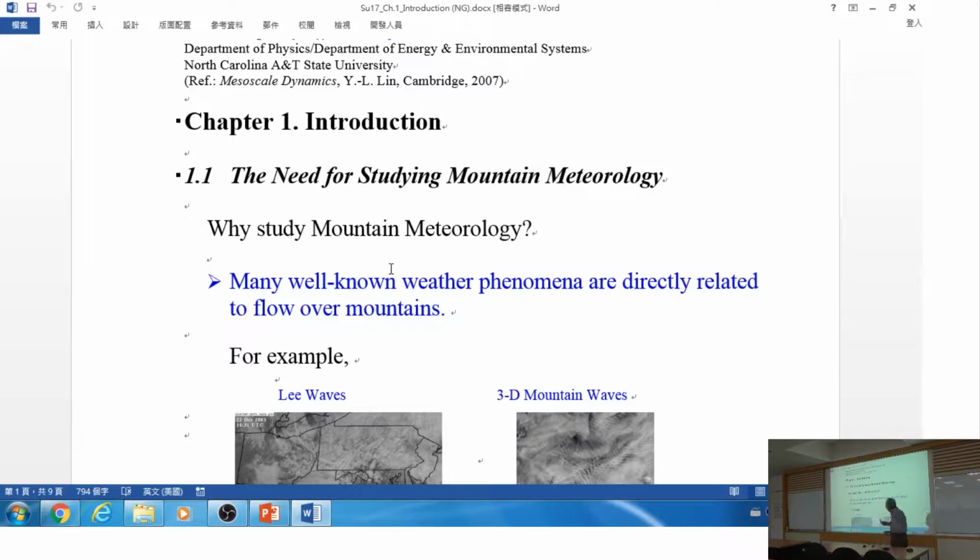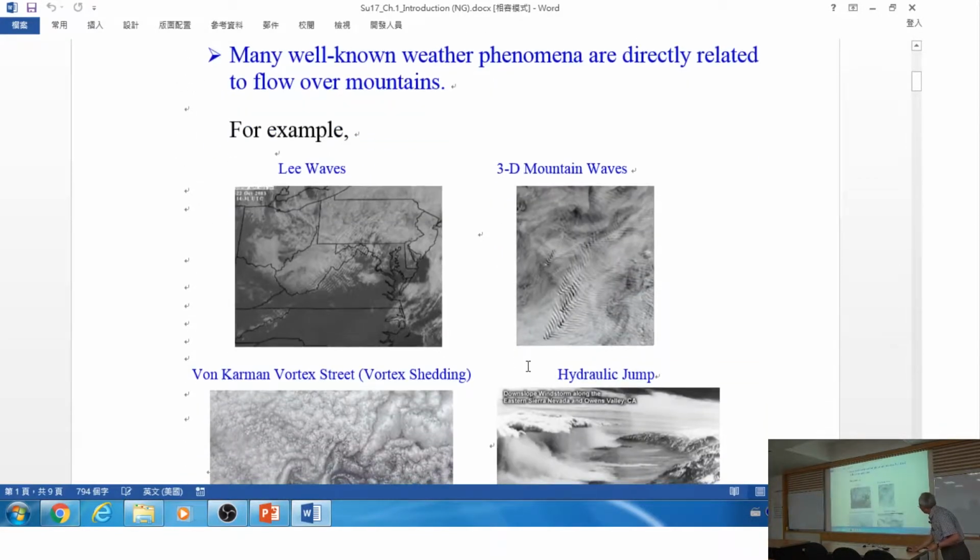For example, like the waves. This is North Carolina, and the image came back from about here, Greensboro, and there are the Appalachian Mountains.